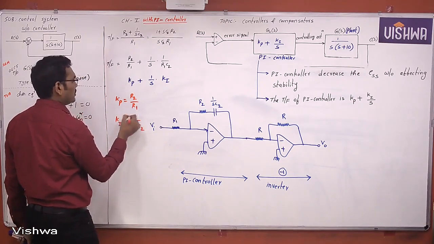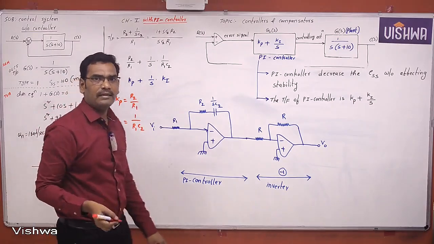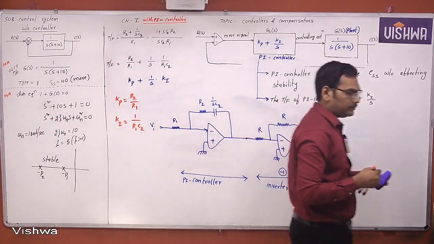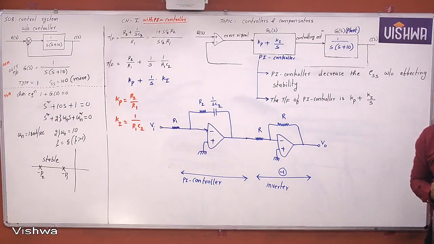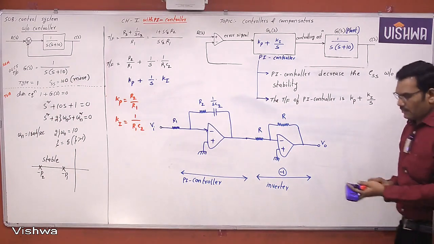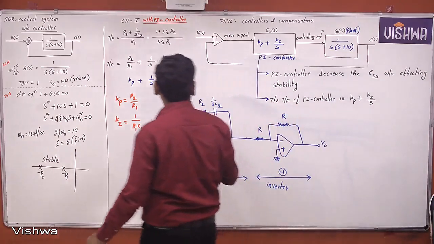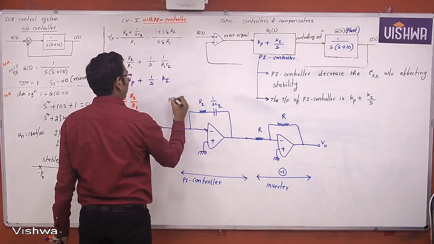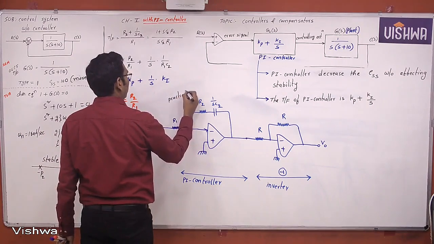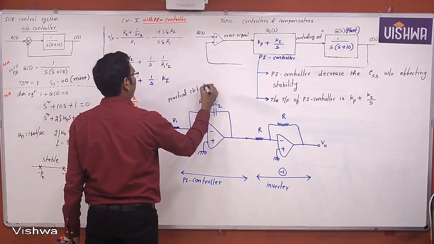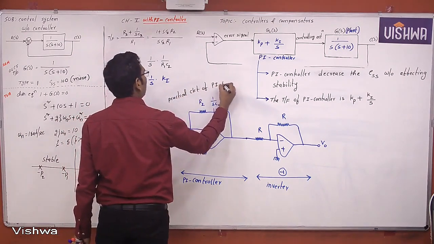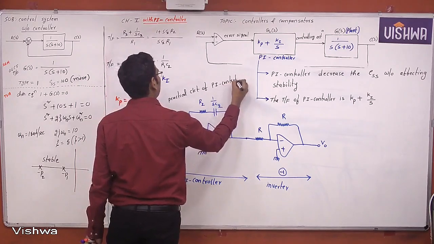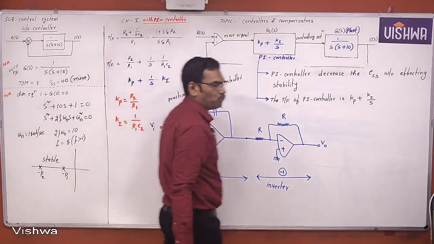Then you can change this value and you can get different Kp and Ki values. And this is the practical circuit of PI controller. Okay, note down.